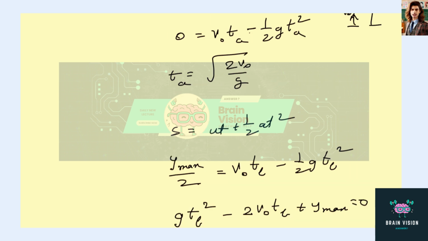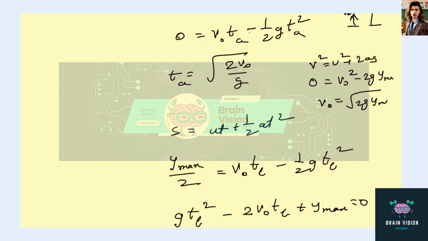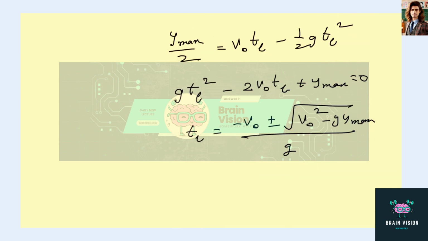Now, you can also write the expression of maximum velocity from here initially. Using the formula v square equals u square plus 2as, where v is 0 at the final height, that is equal to v naught square minus 2g, s is y max. So you've got v naught equal to root 2g y max. So this is another condition, and you can plug in this value here.